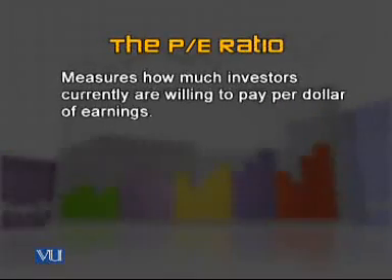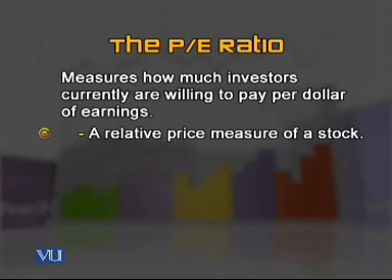Now, this measures how an investor evaluates a company's future. What is an investor currently willing to pay for the company, looking at its earning potential? So, a relative price measure of a stock is claimed by the price earning multiple, because that tells you more about the price measure of a stock and its potential to grow.